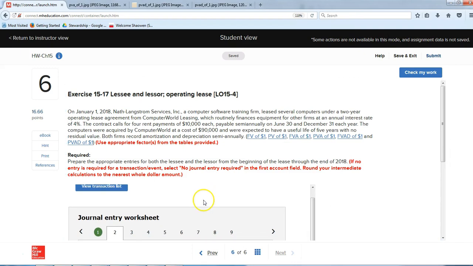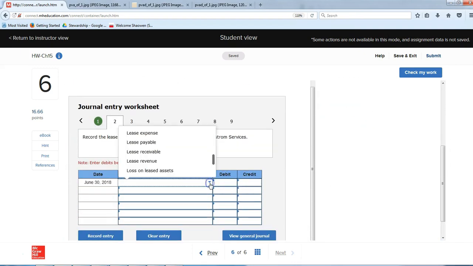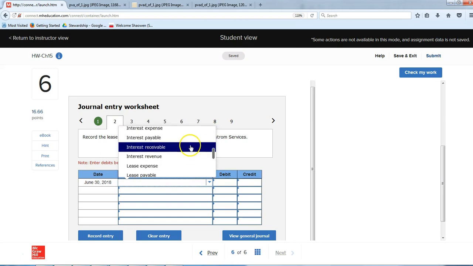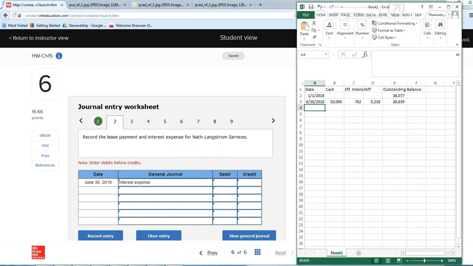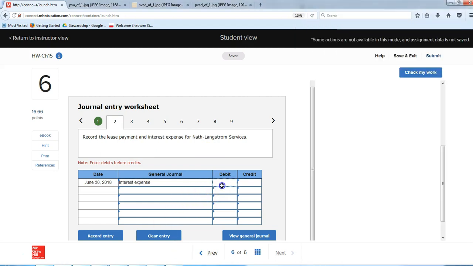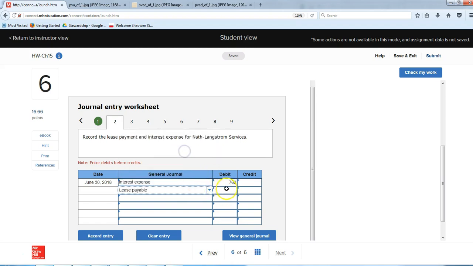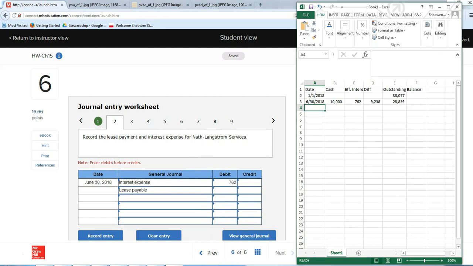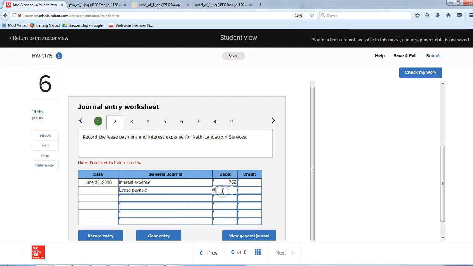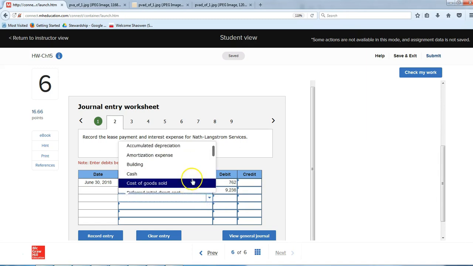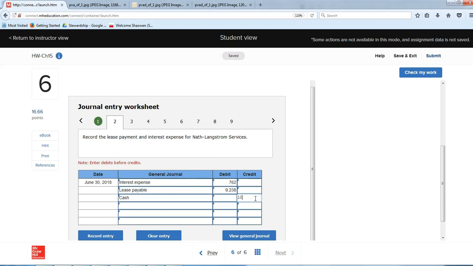So on June 30th, they have an interest expense for $762, and they have lease payable being reduced by $9,238, and totally they paid cash of $10,000.